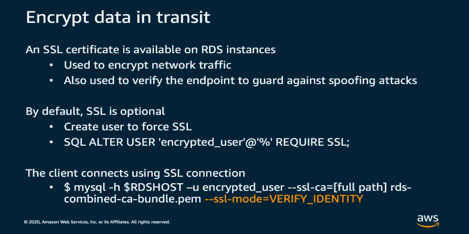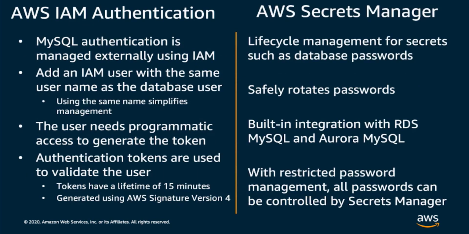In addition to that, RDS is tightly integrated with other AWS services like IAM, and we also have Secrets Manager. So you can also do IAM authentication. In MySQL, authentication is managed externally using IAM. Whenever you use IAM authentication, you will need a DB user specific to that IAM user.